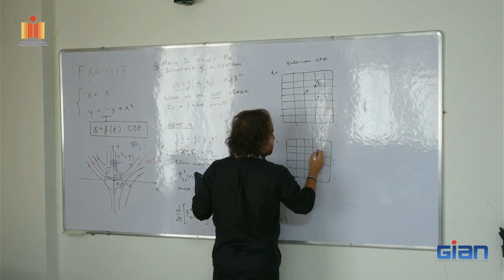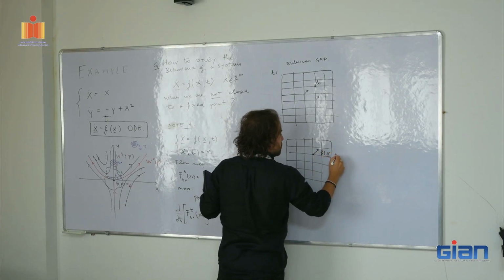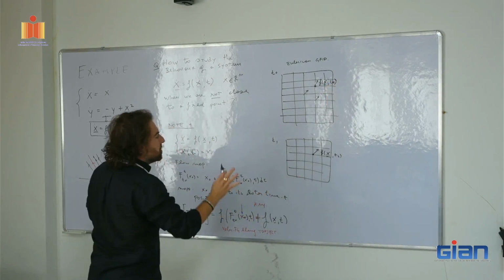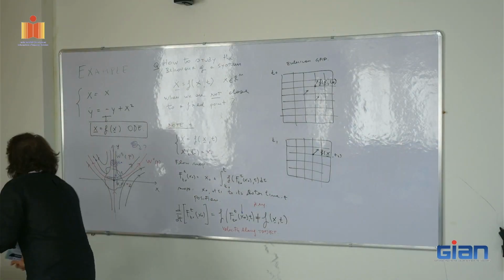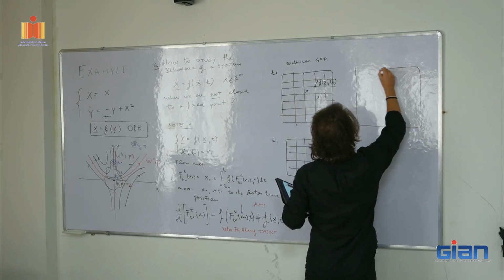I can just compute f at xi, t2. This was now f at xi, t1 or t0. Okay, and I can always do any statistics I want. However, now when you go to the Lagrangian coordinate, the only thing you can pick is your initial condition.